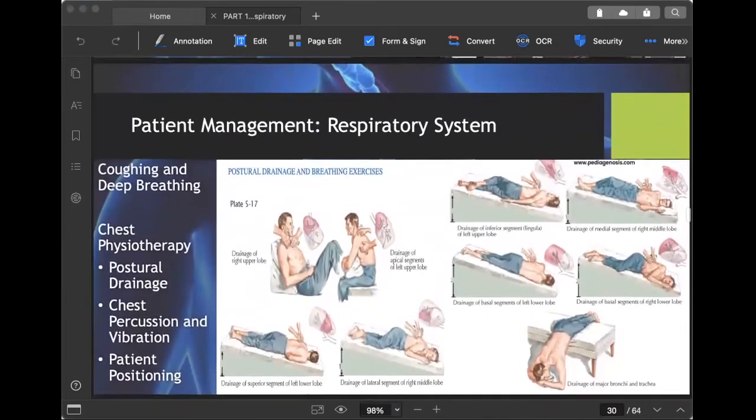Patient management, we usually write this in our nursing care plan or instruct this to our clients at the bedside: coughing and breathing exercise or deep breathing exercise.